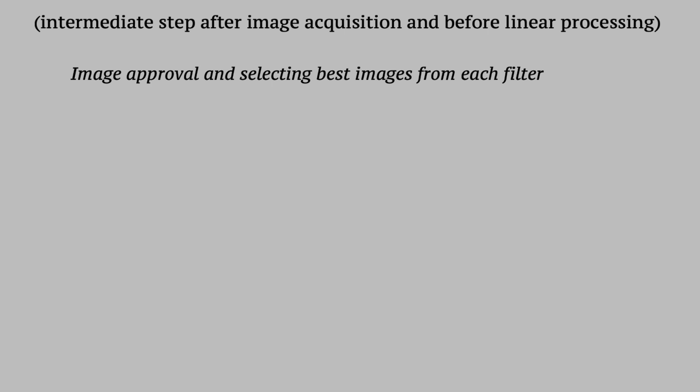So we want to make sure that we send on images that we approve. And also, we want to select the single best image from each filter. So the single best lumen image, single best red, single best green, blue, etc. We need to do that for integrating the images when we make a single master. We want to pick the best one as a reference image from each filter.